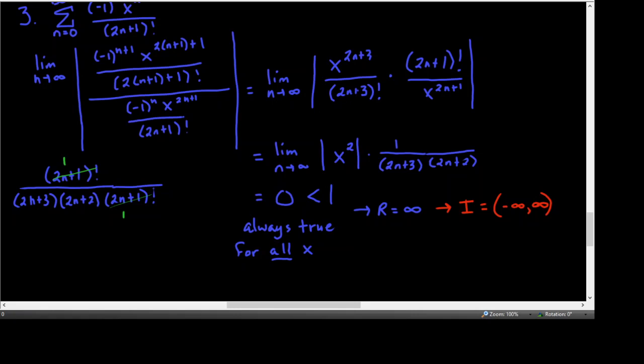And so, let's see. Let me see if that's the right one. Example 4 reminds me of something we may have looked at, so I'm looking to make sure whether that was one of our examples or not. I don't think it was. No, it was not. So that's a new one.